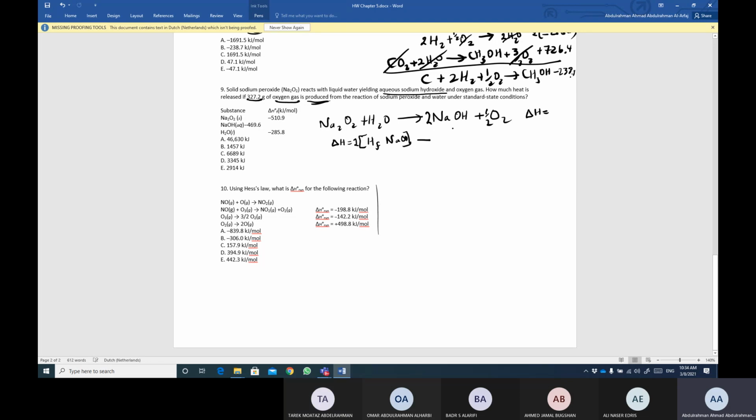And then minus heat formation of Na2O2, which is minus 510.9, and H2O, which is also minus, and we don't have to multiply anything, 285.8.